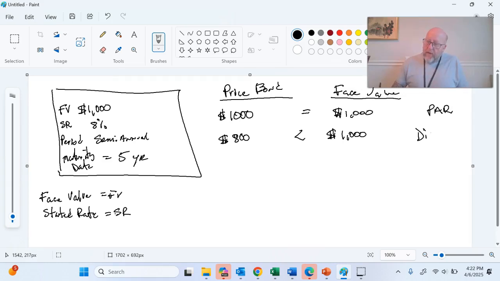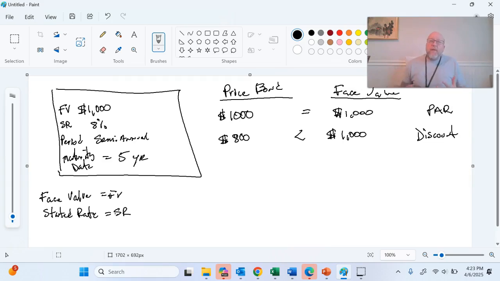And we call that a discount. So the question arises, and this is a key point, why would somebody choose to sell a bond for face value, like in the first situation, par, or in the second situation, at a discount, right?